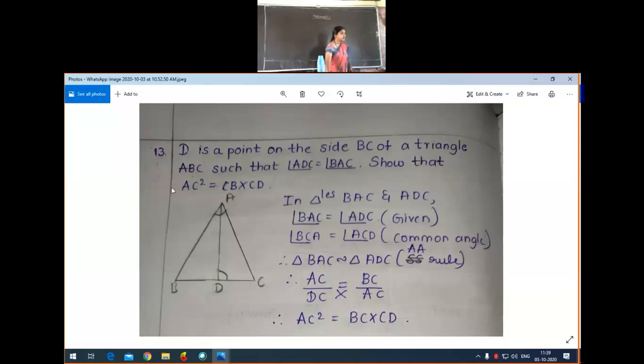What we have to show, this we have to prove: AC square is equal to CB into CD.